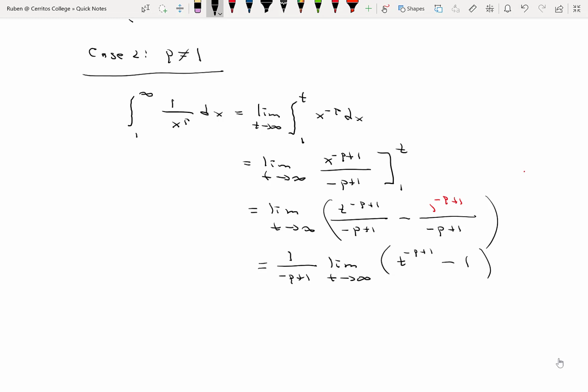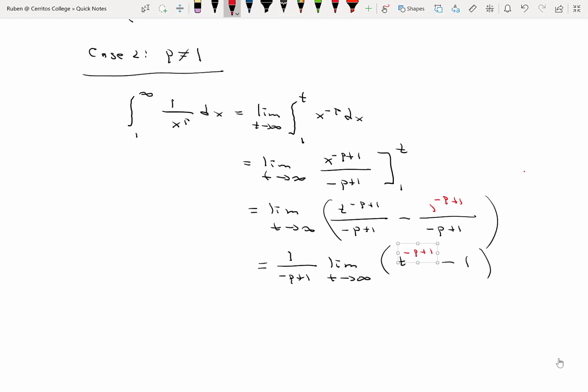Now here's where we get to our answer. We're looking at the limit as t approaches infinity of some power of t. If that exponent, negative p plus 1, is positive, then this limit is going to be infinity. If negative p plus 1 equals 2, you're looking at the limit of t squared minus 1, and t squared goes to infinity.